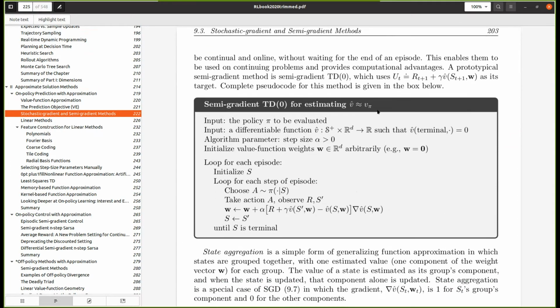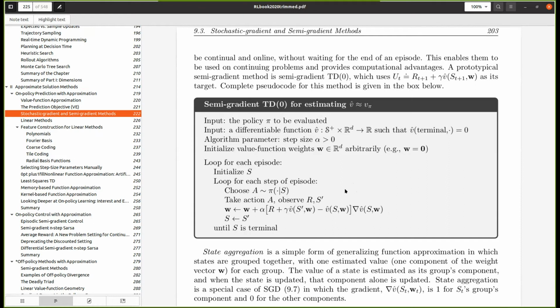So in this case we change the algorithm as follows. It will not be an instance of true gradient descent, so it will be a semi-gradient method, right?